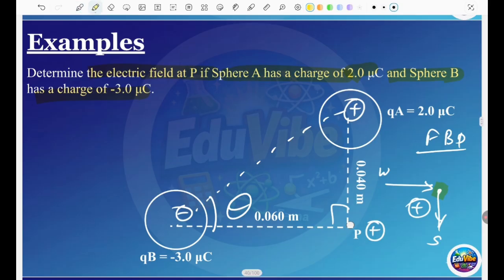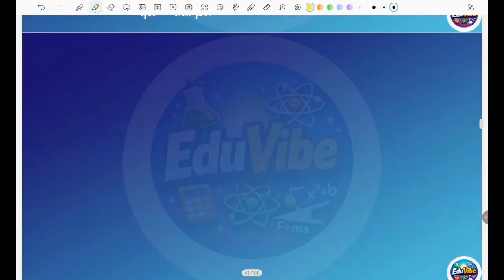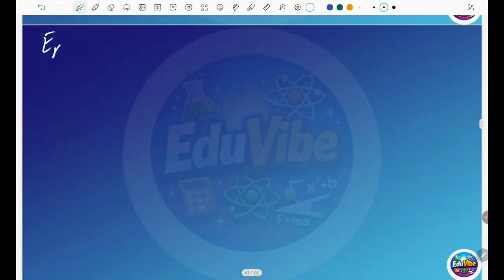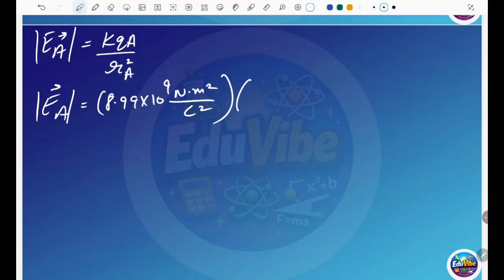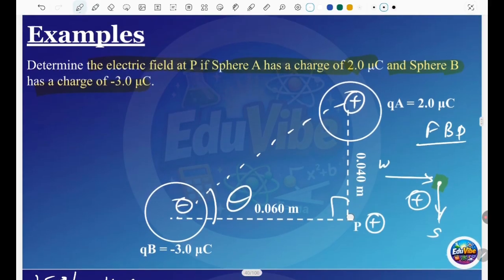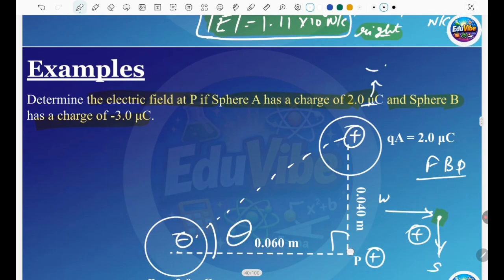So let's find EA first. EA is equal to k QA over r A squared. So EA is equal to 8.99 into 10 raised to power 9 Newton meter squared per coulomb squared, multiplied by 2.0 into 10 raised to power minus 6 coulombs. Micro has the value of 10 raised to power minus 6 coulombs.